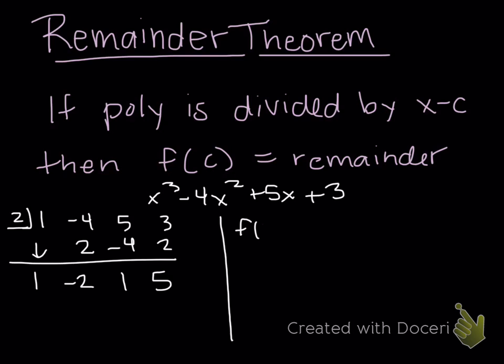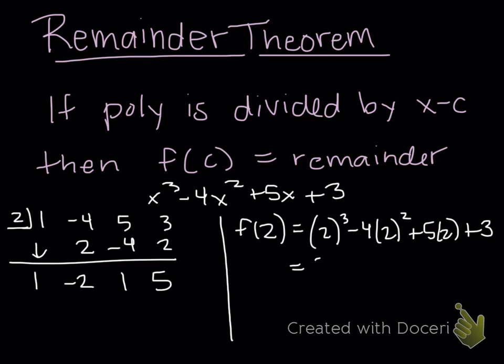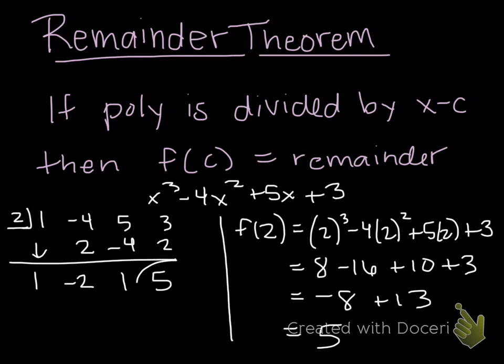So if I evaluate the function at 2, I have 2 cubed minus 4 times 2 squared plus 5 times 2 plus 3. 2 cubed is 8. 2 squared is 4 times the -4 is -16 plus 10 plus 3. 8 minus 16 is -8 plus 13. Notice I still get the answer of 5. So notice the remainder when I did synthetic at 2 is the same as the output if I evaluate the function.